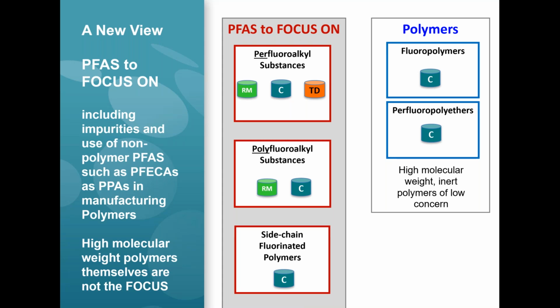They're used as polymerization aids in making some of the polymers. And those are in focus because they are small molecules. They are in this group on the left-hand side. But the polymers themselves, we're proffering and offering to you that they don't belong because they're high molecular weight and they're stable, and we'll show you some data to support that as we go forward.